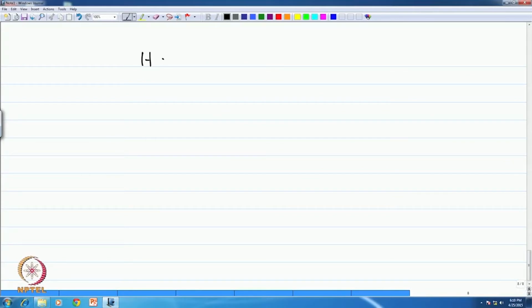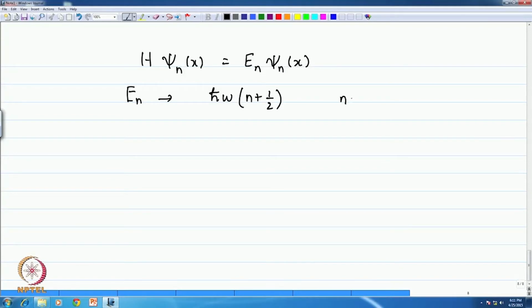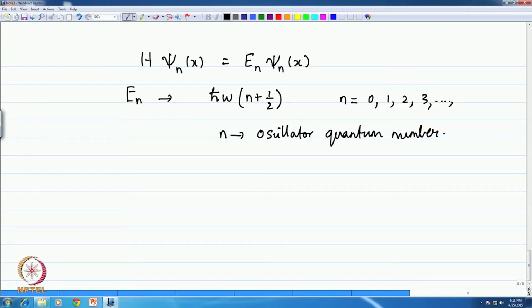H psi n of x is equal to E n psi n of x, and the formula for E n turns out to be, when you solve the Schrodinger equation, E n is h bar omega times n plus a half, and n is the quantum number which can take values 0, 1, 2 to infinity. n is the oscillator quantum number, and for each value of n there is a psi n.